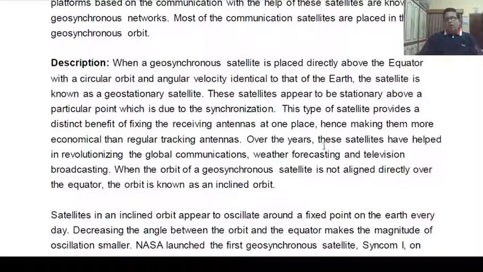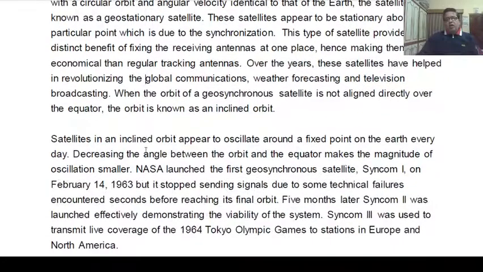Over the years, these satellites have helped in revolutionizing global communications, weather forecasting, and television broadcasting.